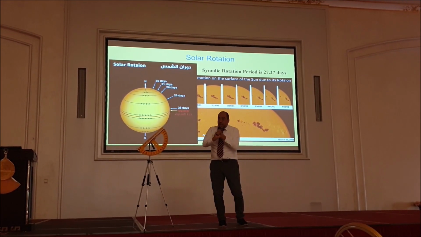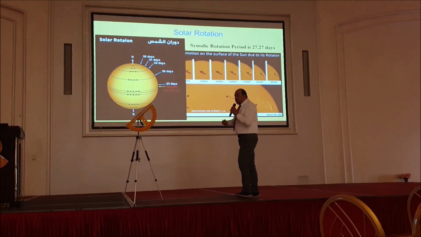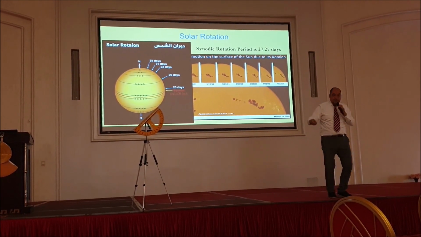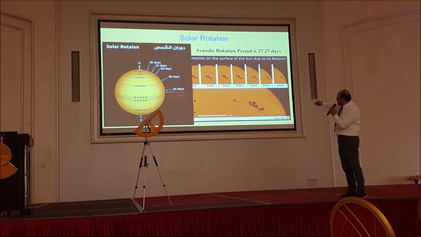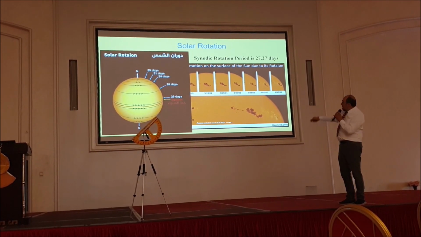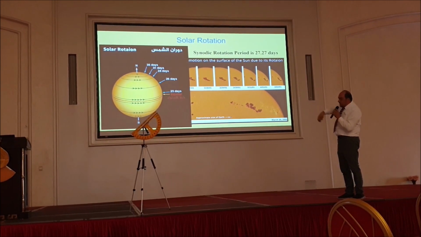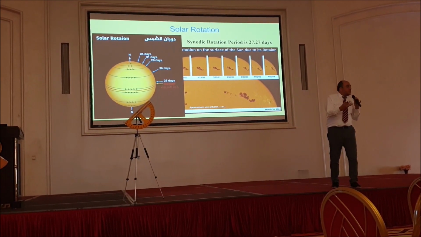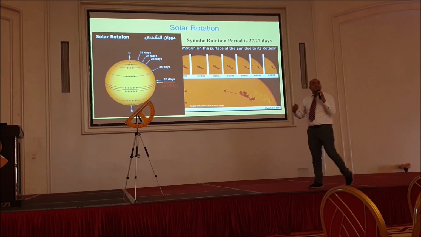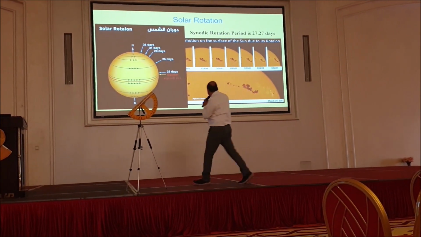Sunspots appear colder than the rest of the surface, almost 4,000 degrees. This is called the umbra, the shadow. The surrounding area, the penumbra, is almost 5,000 degrees, and the yellow surface of the Sun is almost 6,000 degrees in temperature.